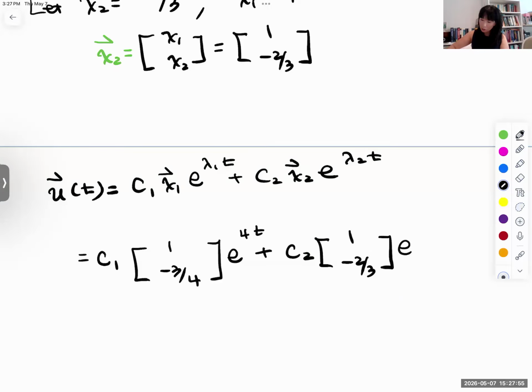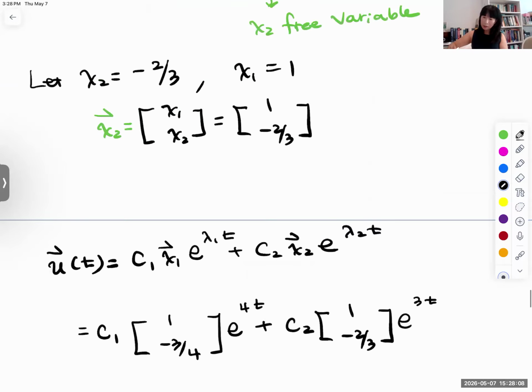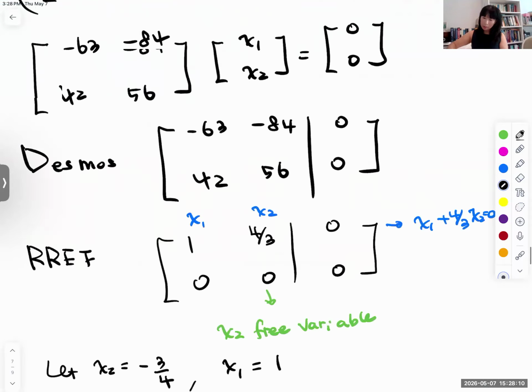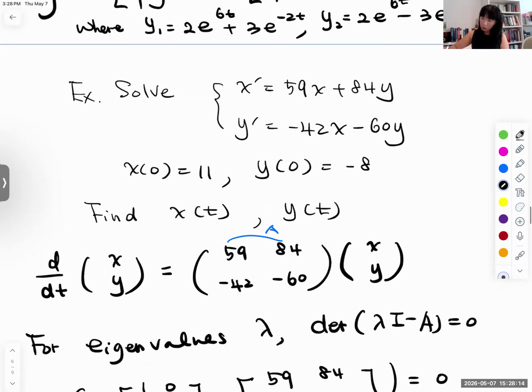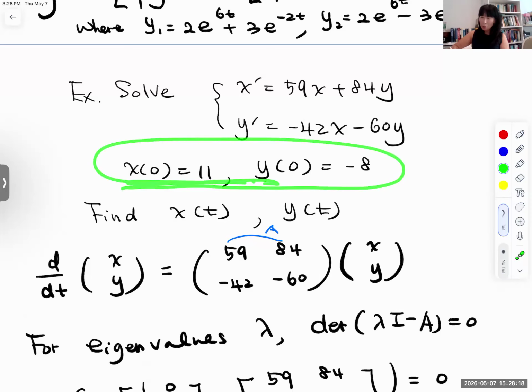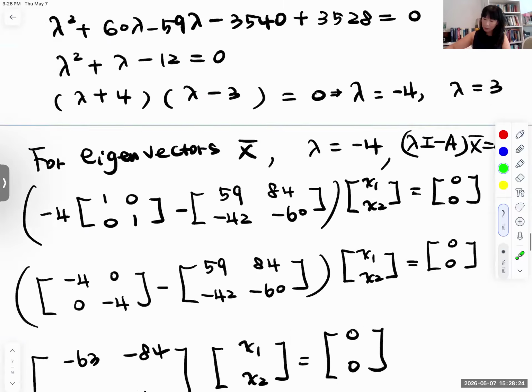And e to the second one, 3t, right? All right, now our goal is to find x of t. Look, our goal is, by using the initial value problem, we want to find x of t, y of t, right? So x of t, y of t come from here.